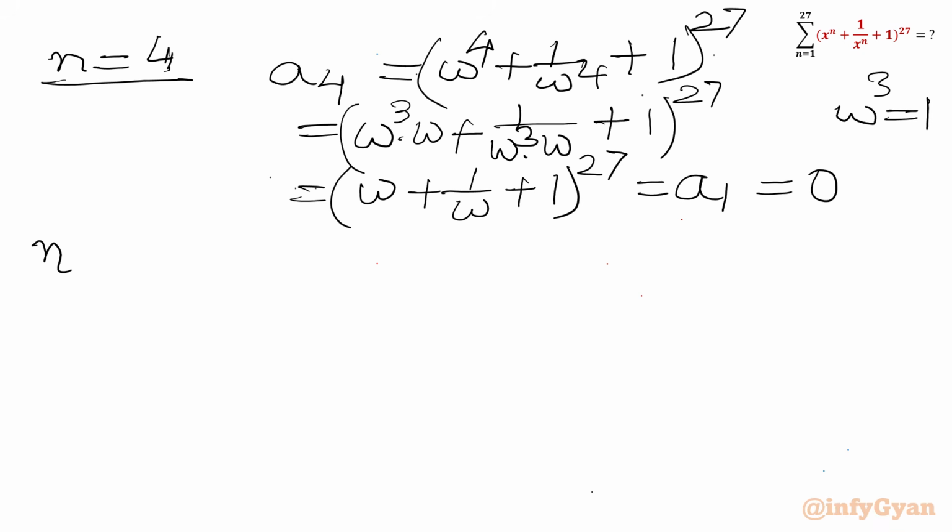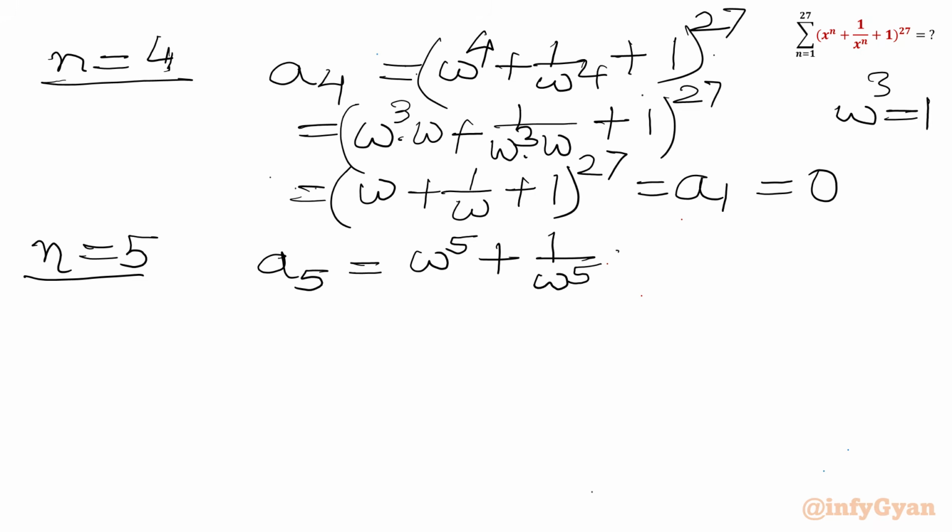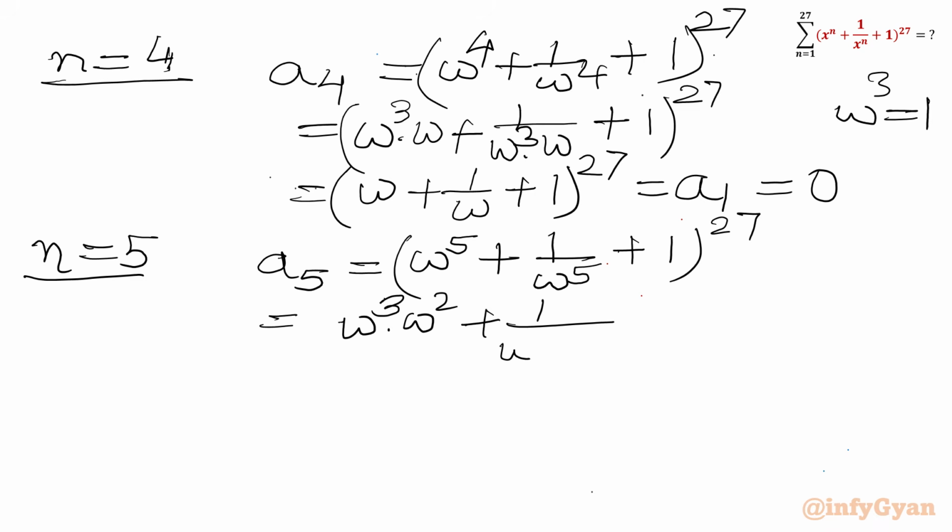In the similar way, if I calculate a5, I will get (omega power 5 plus 1 over omega power 5 plus 1) whole power 27. We can write omega 5 as omega cube times omega square, plus 1 over omega cube times omega square, plus 1, whole power 27.